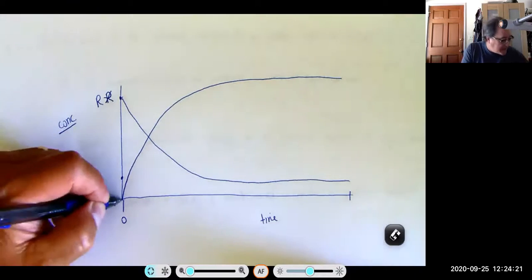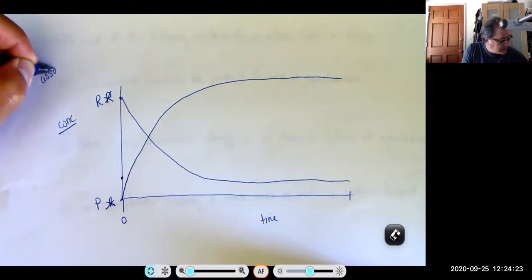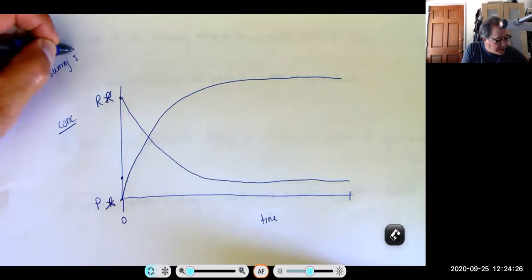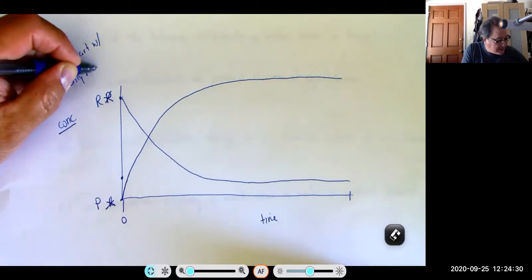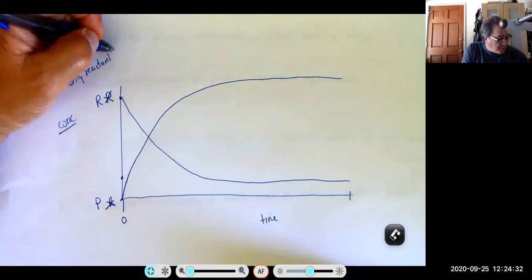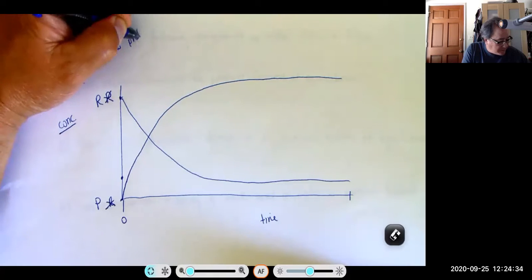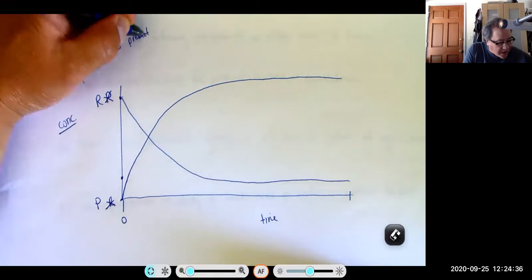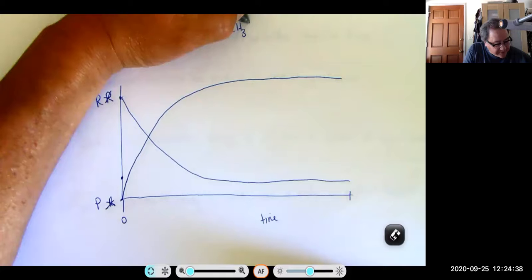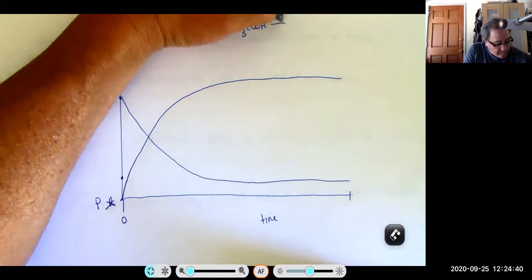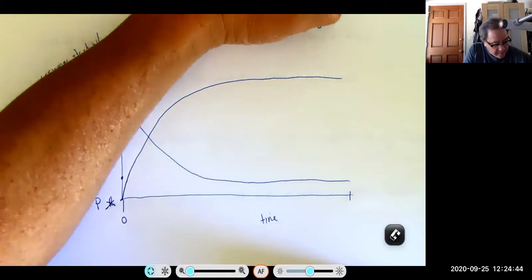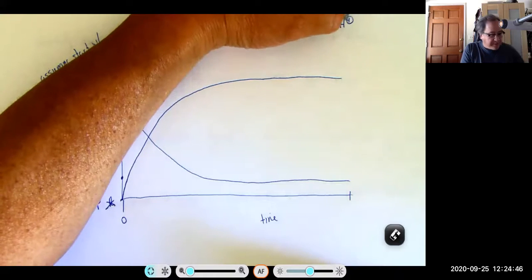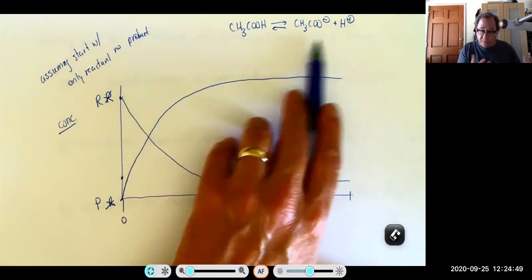We're assuming, again, that we start with only reactant and no product. Now, for the reaction I wrote, it looked like this. And I invented some numbers of 10,000, 10, and 10 when the rates are equal.